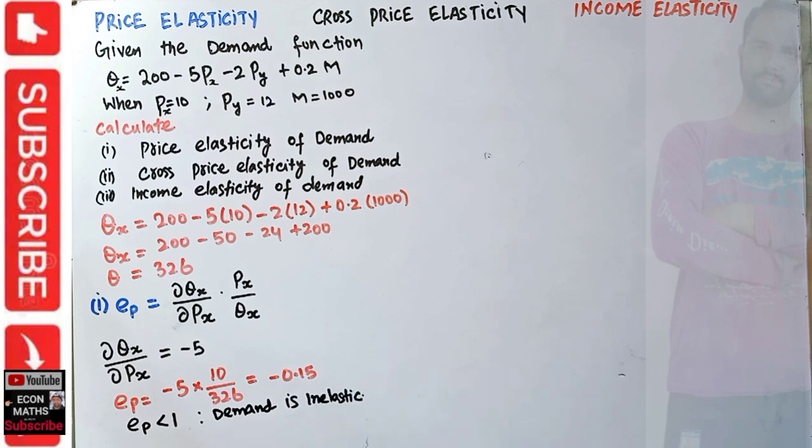If you want to interpret it, it simply tells us that if price of good X increases by 1%, then quantity demanded of good X will decrease by 0.15%. This was the first part.